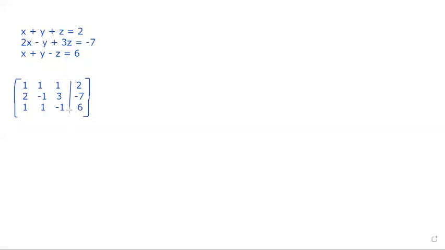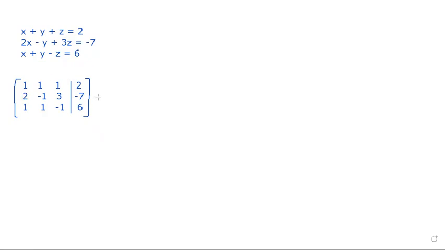Now, the idea when we have this matrix, we want to get it in what's called a row echelon form. We get it in a row echelon form so that we can use back substitution and then solve for z and then y and then x, or z, y, x, w, with however many variables that we have.